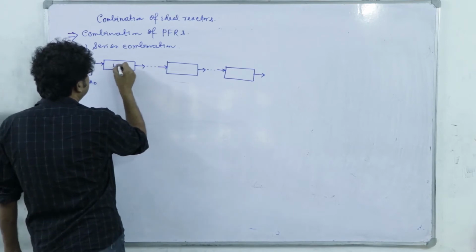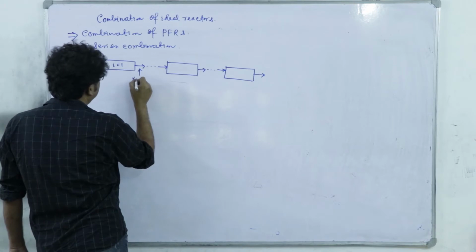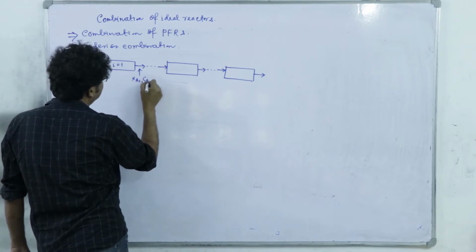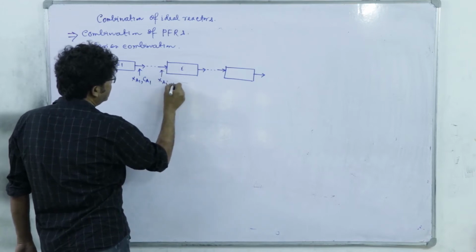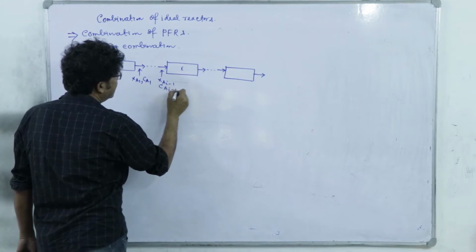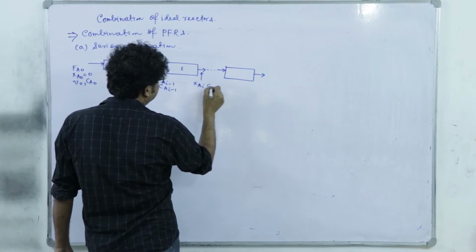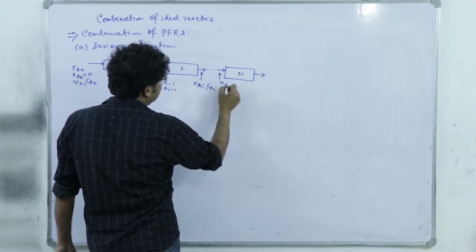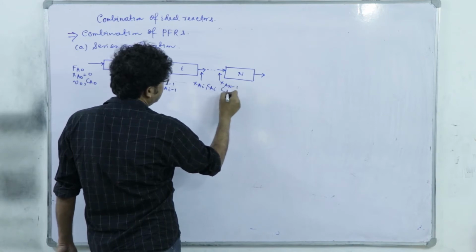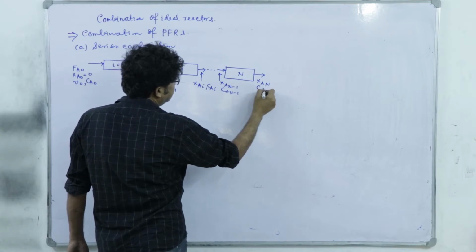Say this is i equal to 1, here we will have Xa1, Ca1. So, this is ith reactor, Xai minus 1, Cai minus 1, here we will have Xai, Cai, this is the nth reactor, Xan minus 1, Can minus 1, and finally Xan and Can.